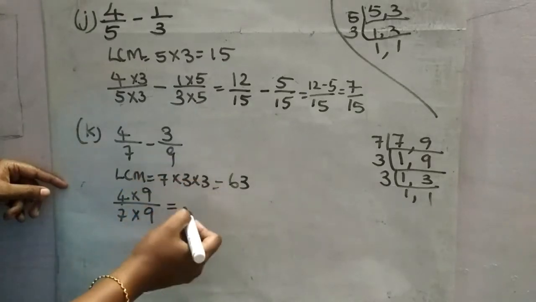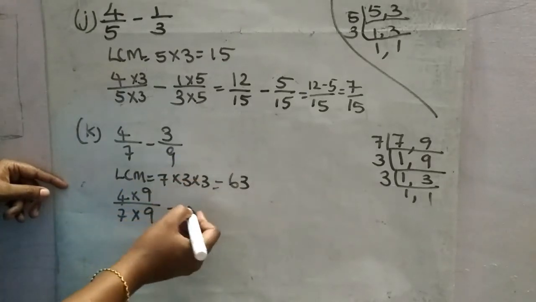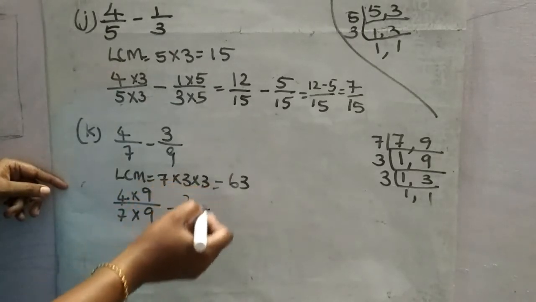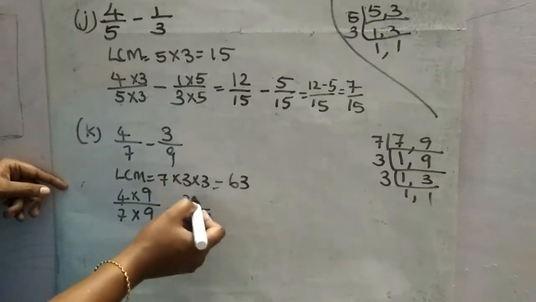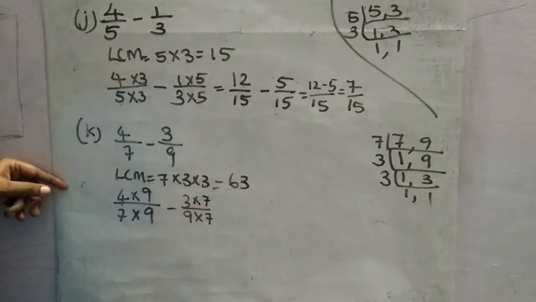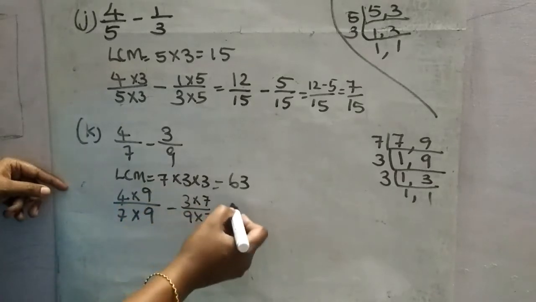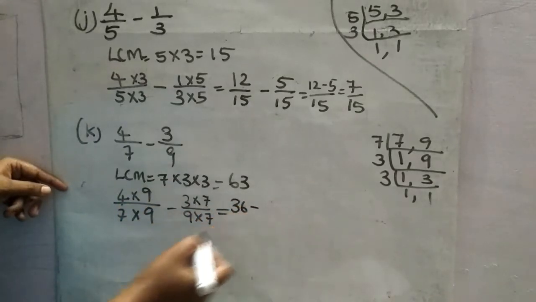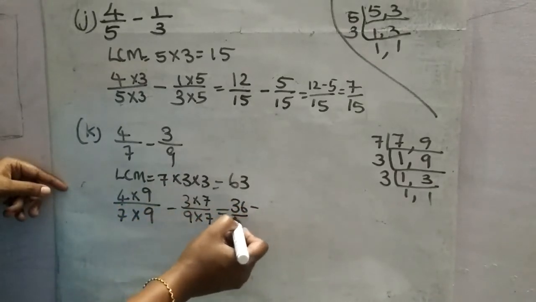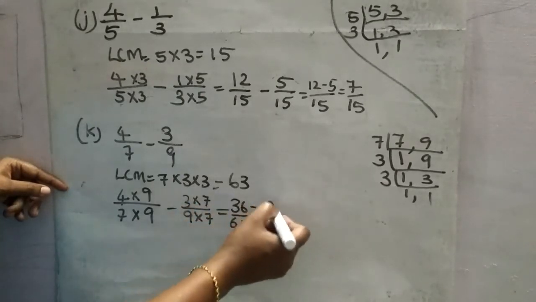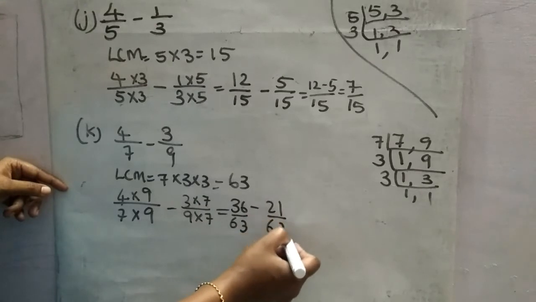Then minus 3 by 9. 9 into which number will get 63? 9 7s are 63. So multiply the numerator also with 7. 9 4s are 36. Here 36 by 63 minus 7 3s are 21 by 63.